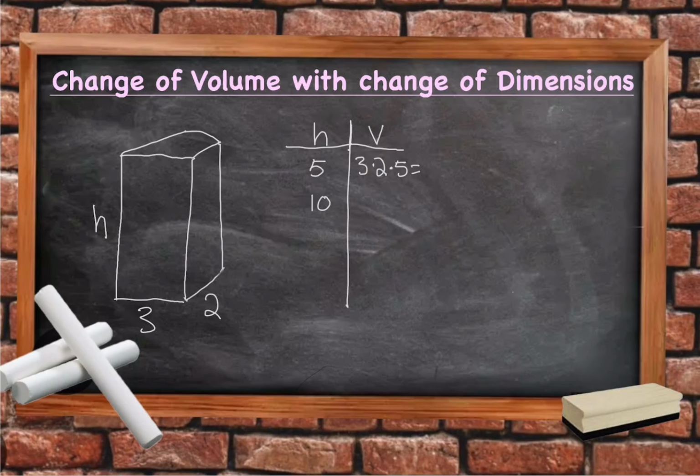Let's dive in. So we have this rectangular prism, this brick over here, and we see that it has the length and it has the width. The length is 3 and the width is 2. But the height is variable.